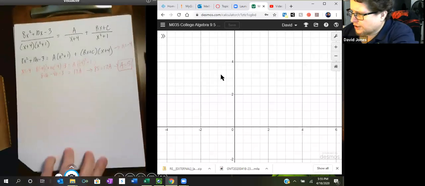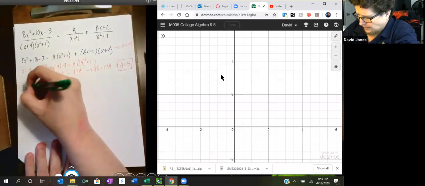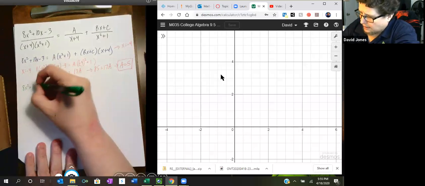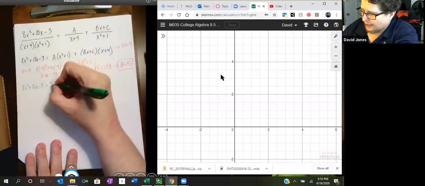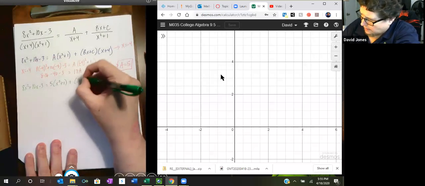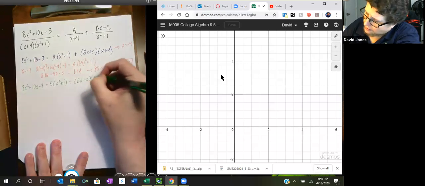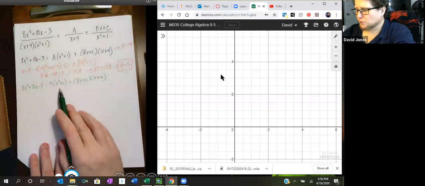Now let's go and distribute and plug in what we got. I'll put in the A equals 5. I can't really do x squared plus 1.